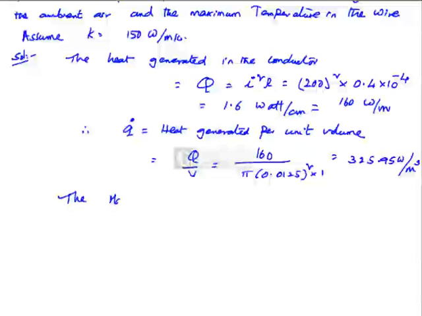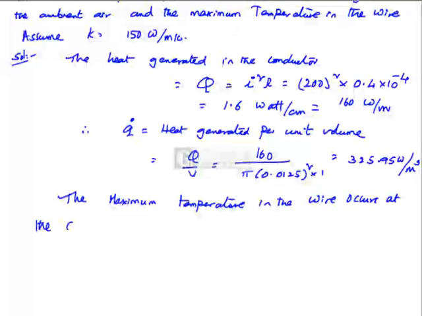The maximum temperature in the wire occurs at the center. Obviously, because the distribution is parabolic, the maximum temperature in the wire would occur at the center.